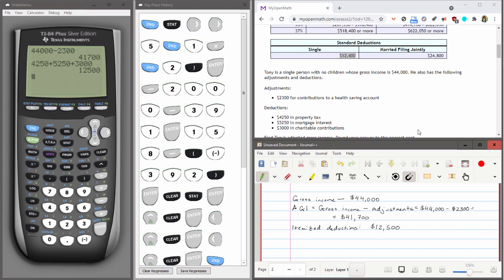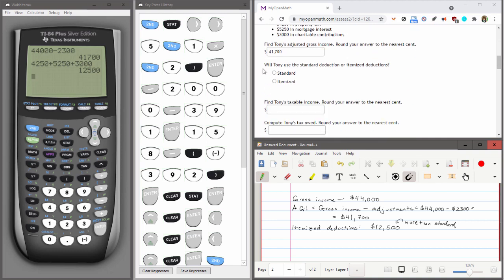The standard deduction is $12,400. Excuse me, 12,500 is more than 12,400. 12,500 is more than the standard deduction, and therefore Tony wants to use his itemized deductions of 12,500.